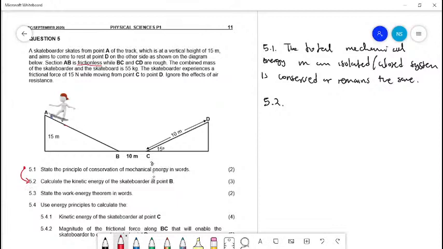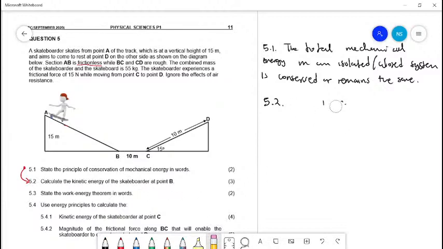Now, if you want to calculate the kinetic energy of the skateboarder at point B, you need to know half the mass and the speed, right? But you don't know the speed at point B. That becomes a hindrance. So why don't you use the principle that you stated in 5.1, the principle of conservation of mechanical energy?